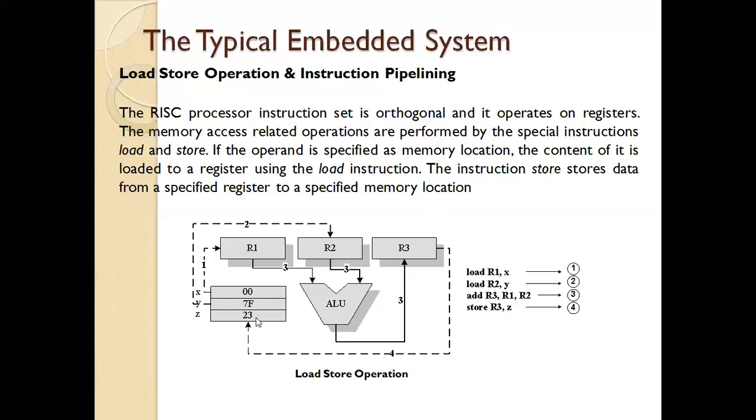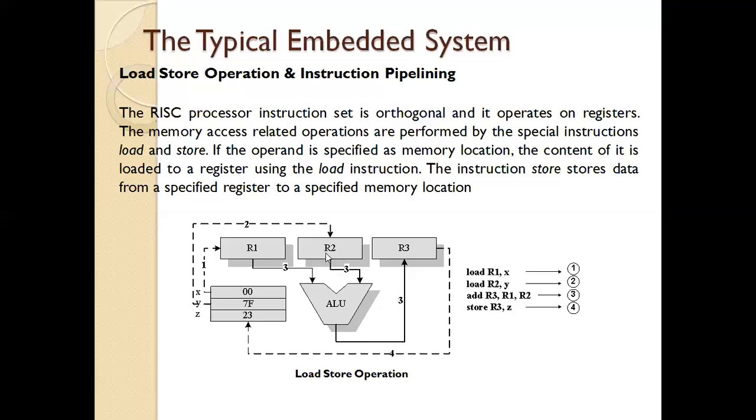You can see the steps also. In the first step, X is loaded into R1, and in the second step, Y is loaded into R2. In the third step, the R1 value and the R2 value are given to the arithmetic logic unit, that is the ALU. It performs the arithmetic operation, as we have used the add instruction.